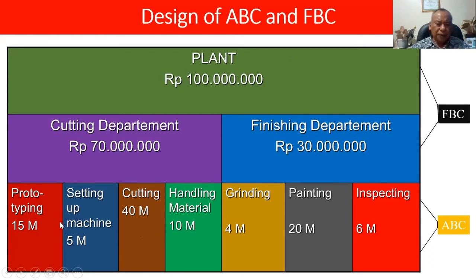For example, in the cutting department, we have prototyping, setting up machine, cutting, and handling materials, and in the finishing department we have grinding, painting, and inspecting. Because the information in this case is activity, we call this activity-based costing, because the cost pool that we use is activity.